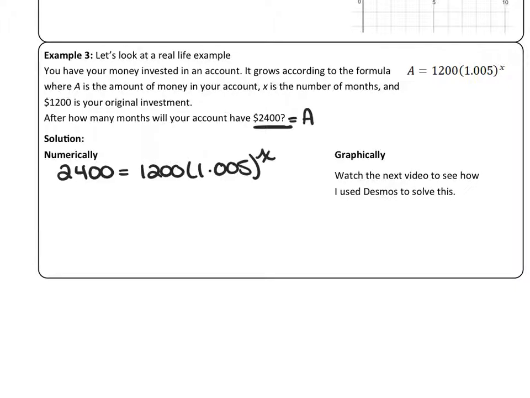Now the very first thing is we want to isolate x, so I only want to have this bracket. So I'm going to divide both sides by 1,200. And so when we divide, these will cancel. And 2,400 divided by 1,200 equals 2.